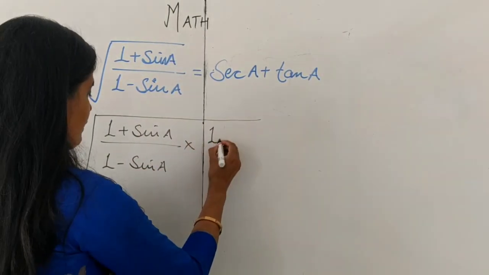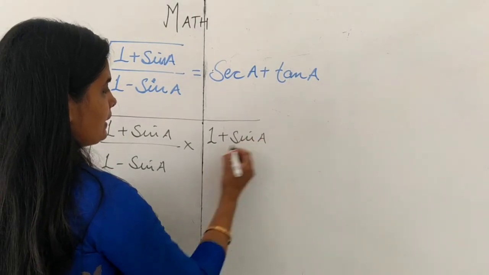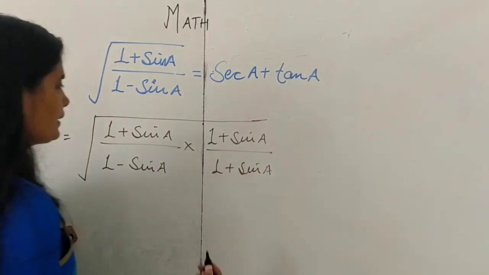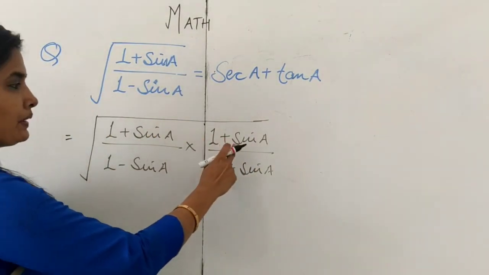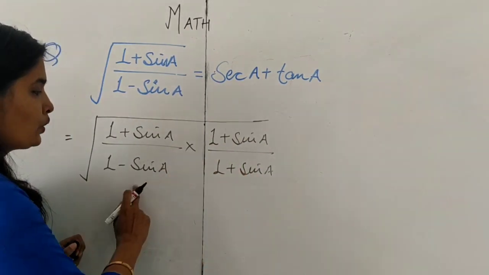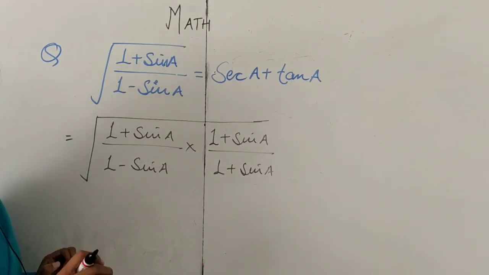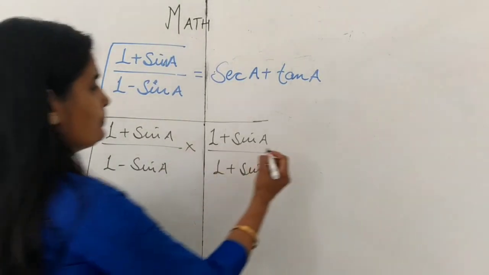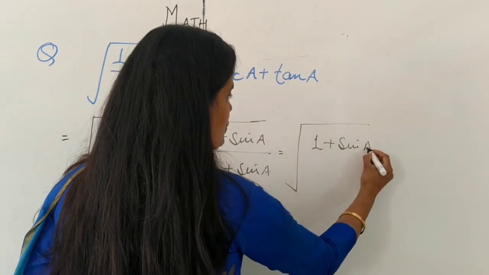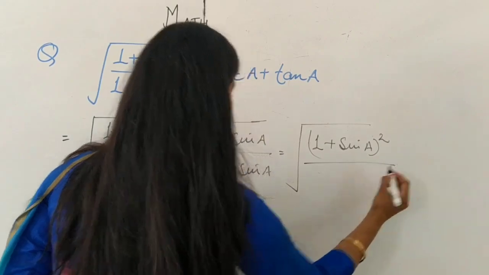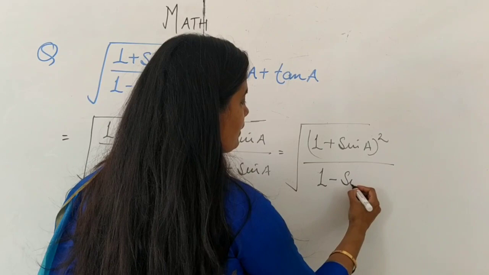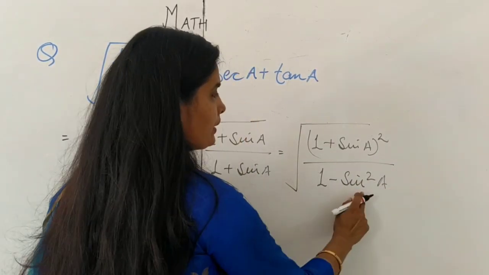Okay, for rationalization, this is 1 plus sin a upon 1 plus sin a. अब क्या करेंगे? 1 plus sin a will multiply by 1 plus sin a, and this 1 minus sin a multiply by 1 plus sin a. Denominator always be in the form of a square minus b square. So what will happen? 1 plus sin a whole square will come upside, and downside this is a square minus b square. So this is 1 minus sin square a.